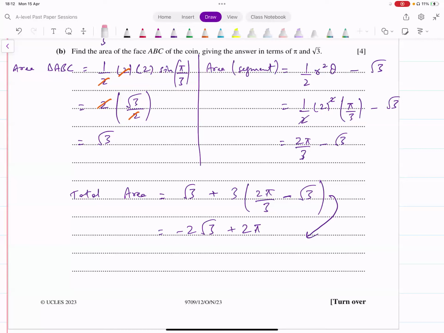If the number of marks is not that much, then the distribution of marks might allow this as the final result as well. So it depends from one paper to another. So the safer thing is to always simplify to this last step. All right, so you should be doing that.